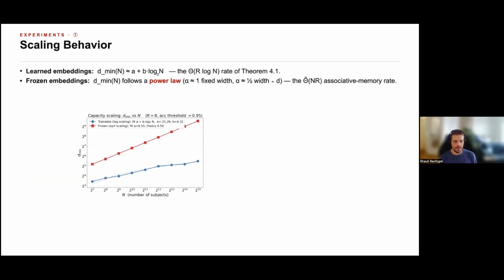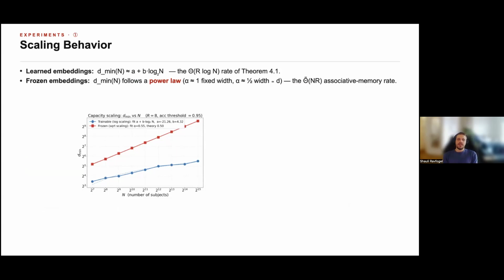We can also see it in this kind of asymptotic plot. Here, for each value of n on the x-axis, the number of entities, we lowered the dimensionality until we got to a point where the model can no longer memorize. So we record the minimal d that can still memorize the set of all facts.